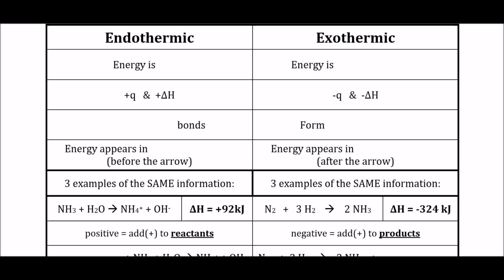Okay, so now let's go ahead and talk about how this relates to endothermic and exothermic reactions. All right, so we kind of already briefly talked about this, and so endothermic reactions are reactions where energy is going to be absorbed.